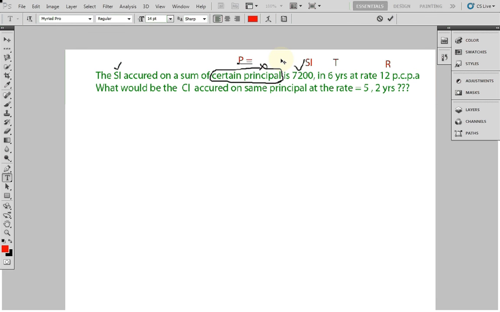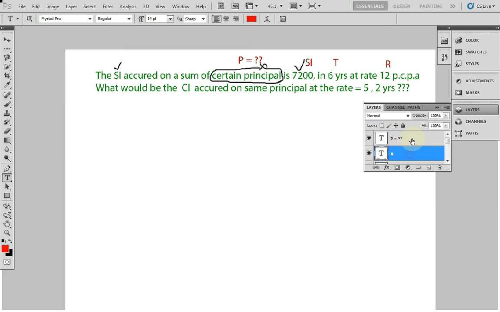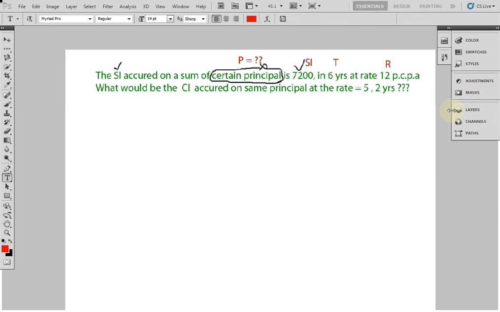P equals we don't know. Don't worry about seeing this question, it is very easy.